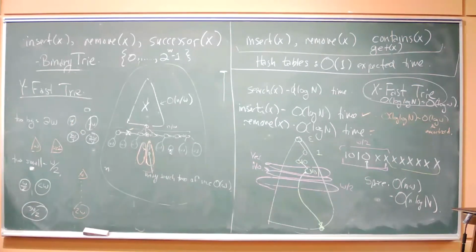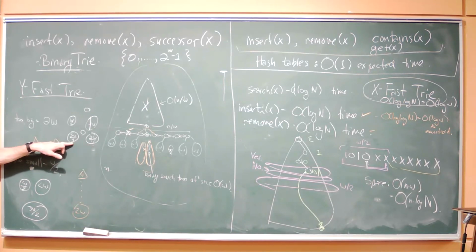If you look at these rules, after I apply one of these rules, I've created things of size 3W over 4. That's far from W over 2, and it's also far from 2W.